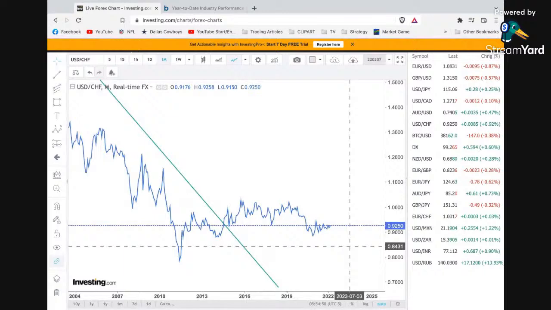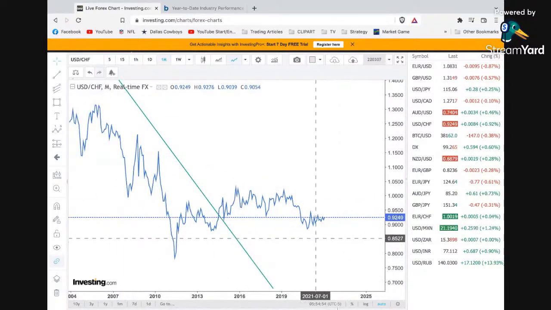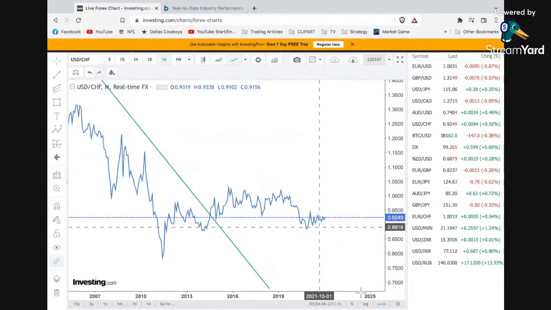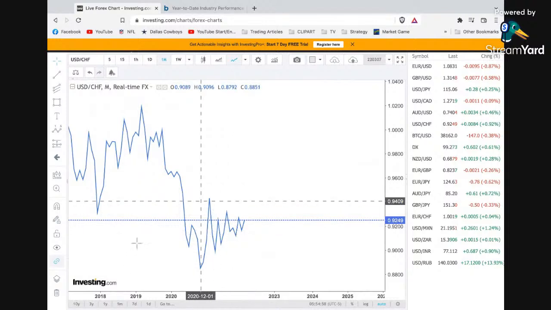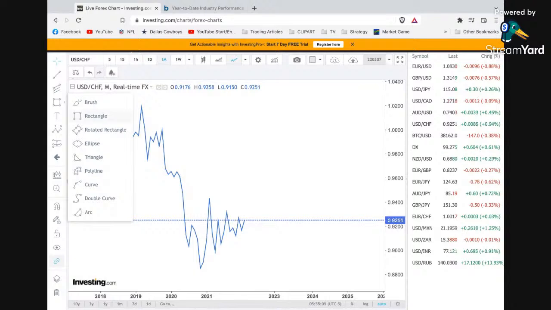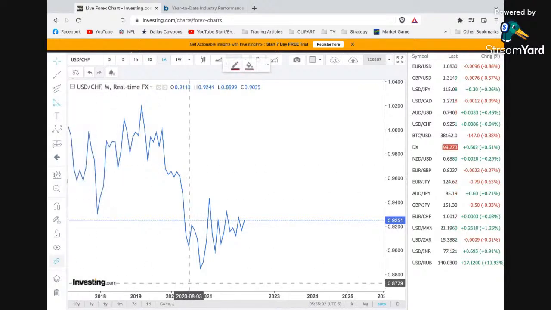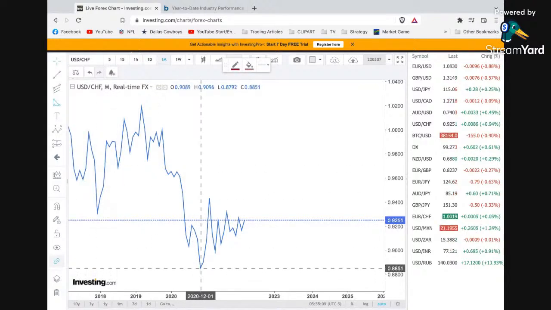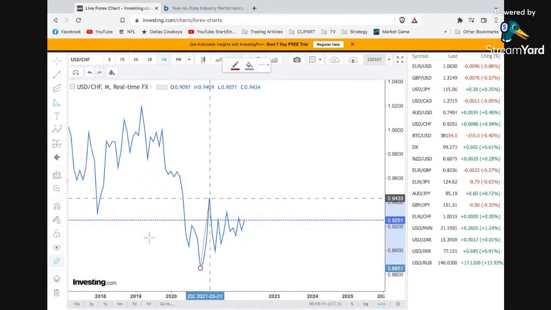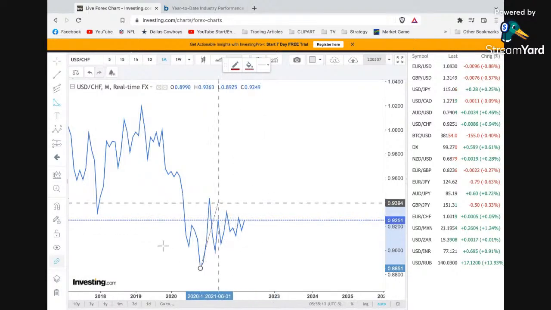So there's debate about where the dollar is going next, and you can see a nice little triangle. Let's go to art school. We've got a symmetrical triangle pattern.